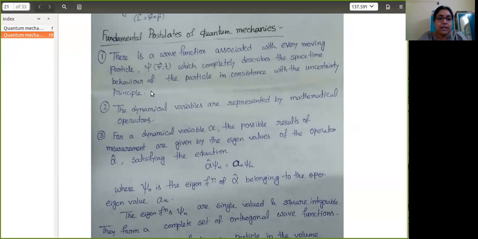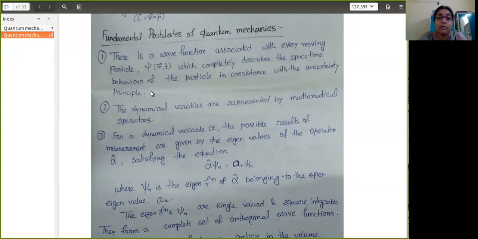Next, the dynamical variables are nothing but operators. The third one, for every dynamical variable alpha, the possible results of measurements are the different eigenvalues, and different eigenvalues will have different eigenfunctions for one dynamical variable.